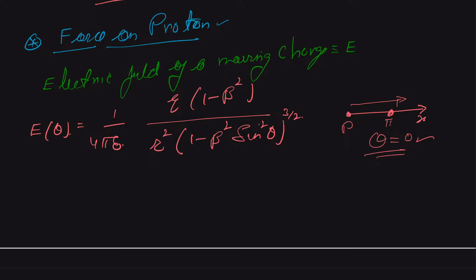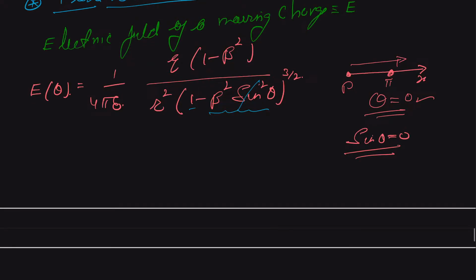Therefore we can say that sine of theta will be equal to 0. So this solves this part. The denominator, because this term goes away and this is 1, only r square is left.